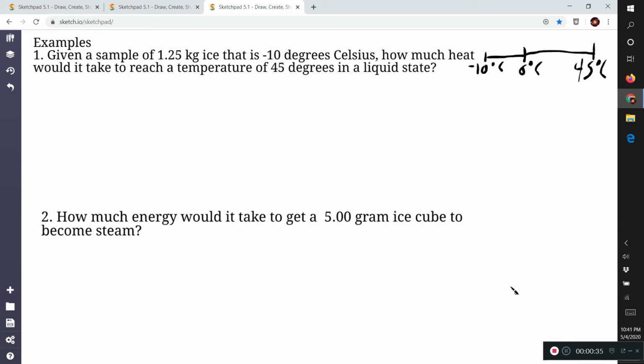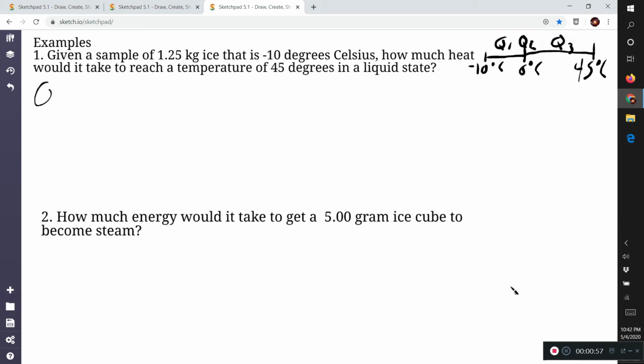The first heat calculation, we'll call it Q1, is to go from -10 to 0. Then we have to do a special calculation just to pass that barrier. Anytime you change your state, you have to have its own calculation. And then from 0 to 45 is going to be a third calculation.